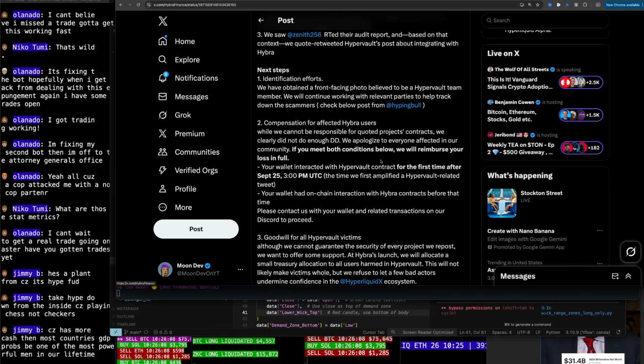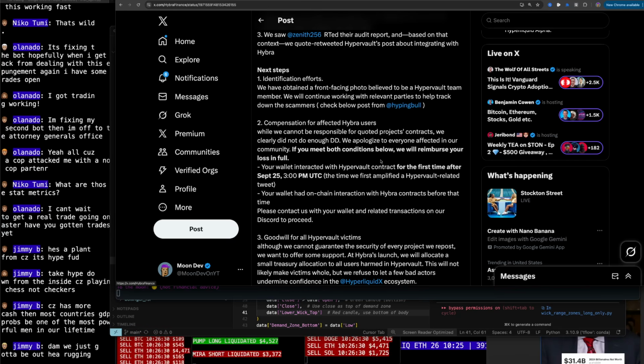We apologize to everyone affected in our community. If you meet both conditions below, we will reimburse your loss in full. Your wallet interacted with Hypervault contract for the first time after September 25th, 3 p.m. UTC. The time we first amplified a Hypervault related tweet.